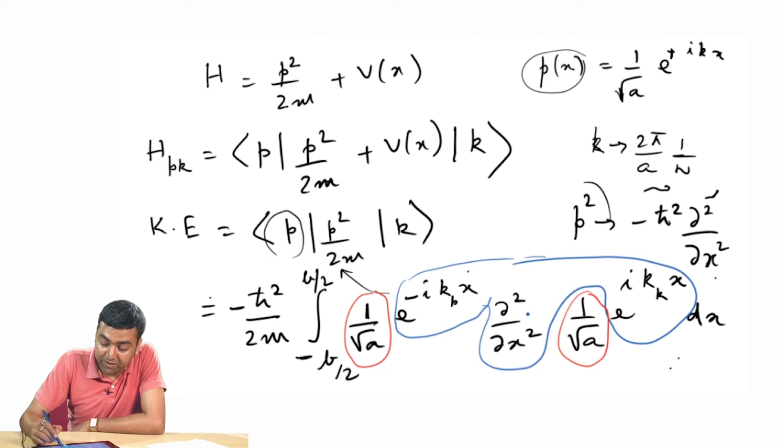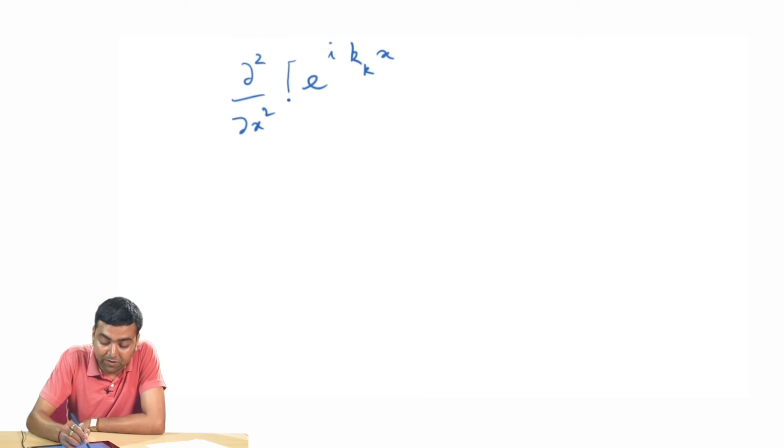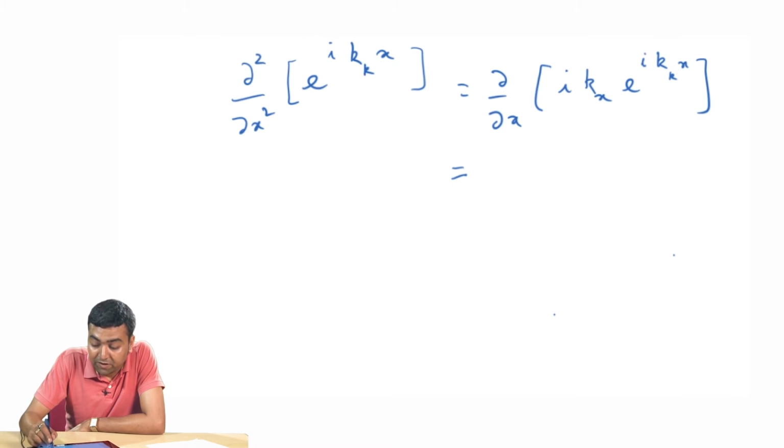If we first operate this grad square operator on this function, we get del 2 del x 2 e to the power I k x. If I do this operation for the first time, I will get I k, then again e to the power I k x. And if I do it again on this, I will get another I k here.